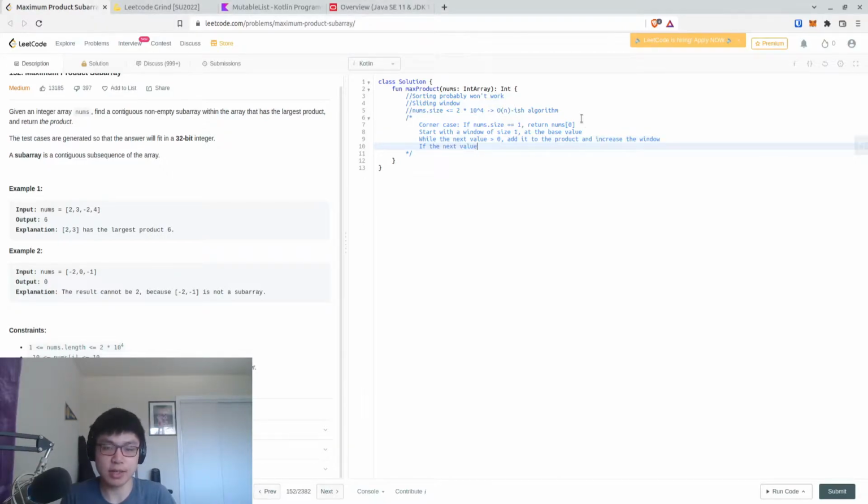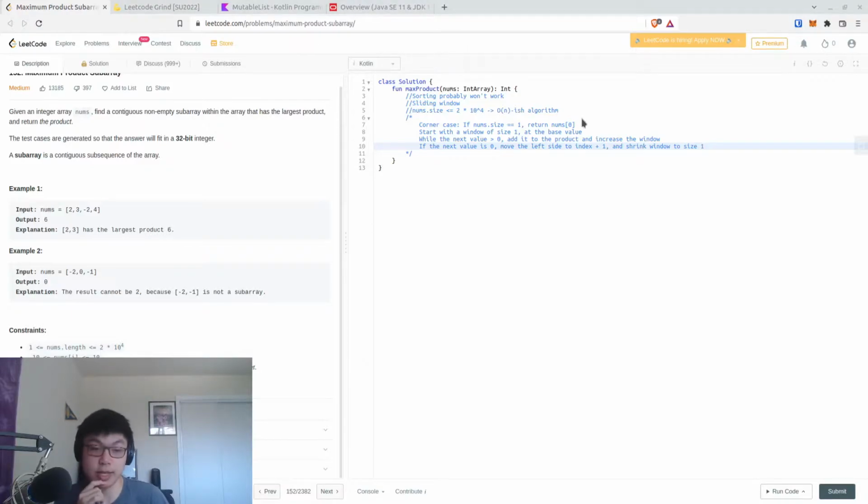If the next value is 0, move the left side to index plus 1 and shrink the window to size 1.